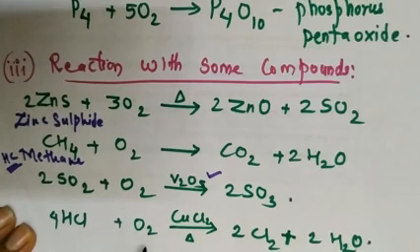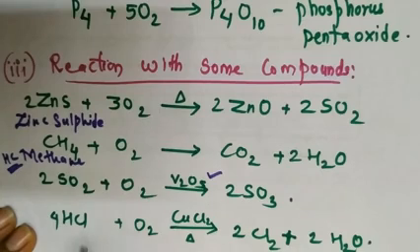Hydrogen reacts with oxygen to form water, and chlorine gets evolved in the molecular form, in the gaseous form. So these were some of the reactions, first with metals, then non-metals, and some other compounds. Oxygen reacts very easily.